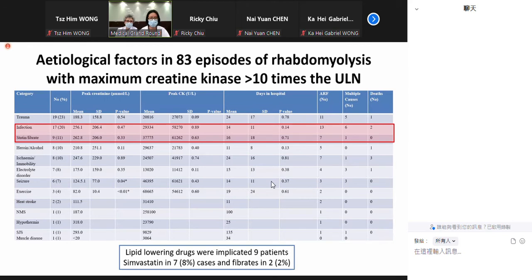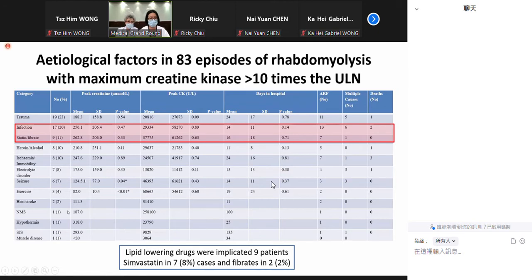So, what is the most common etiological factor? Actually, the top one was trauma, followed by statin. Actually, out of these cases, only 9 cases were implicated with the lipid-lowering drugs. So simvastatin in 7 cases and fibrates in two cases.